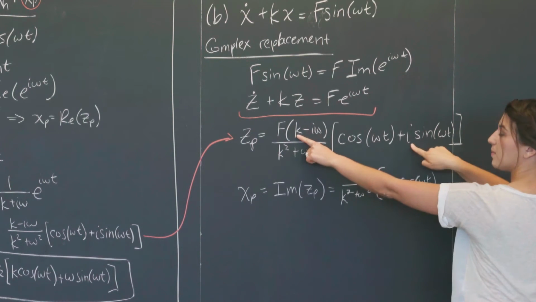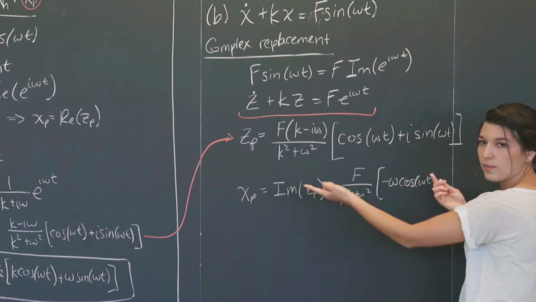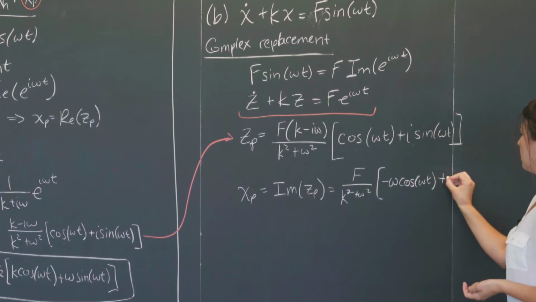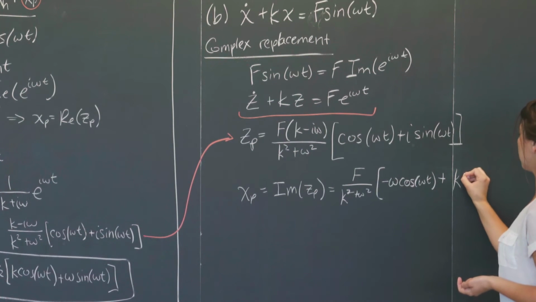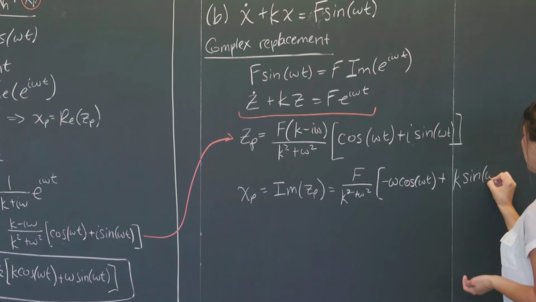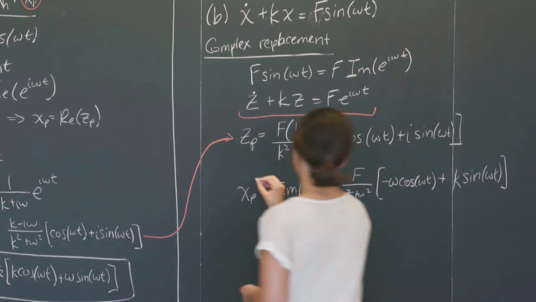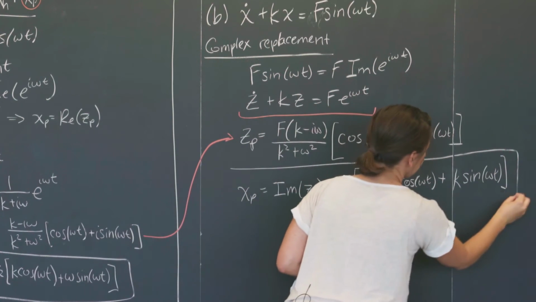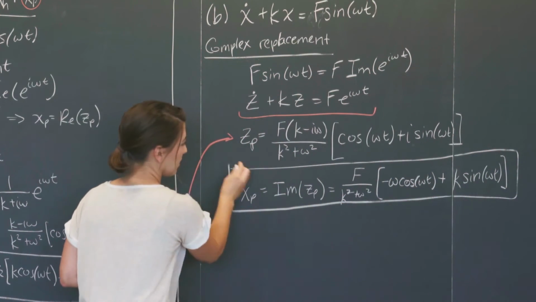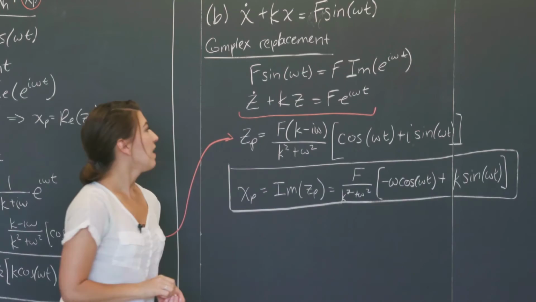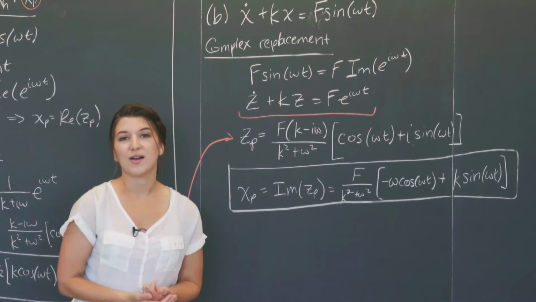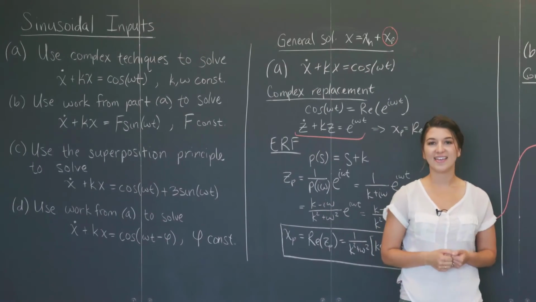And k times I sine omega t is also part of the imaginary part of z sub p, so plus k sine of omega t. So now this is our particular solution for part B. Since we've completed part B, I will let you work through part C, and we'll come back in a moment.